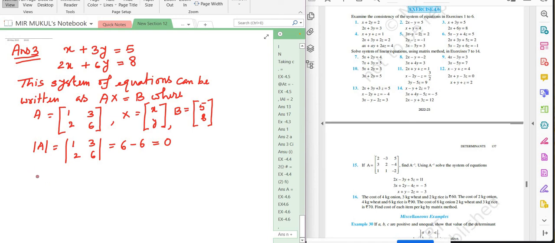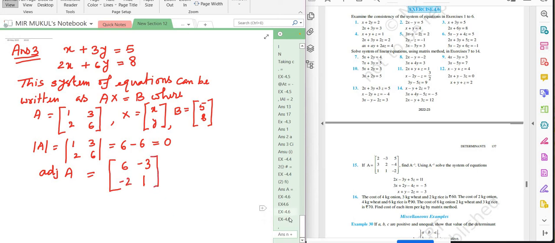So we will find the adjoint of A. Since it is a 2 cross 2 matrix, we can directly write what I said. You have to interchange the diagonal elements 6, 1, and you have to change the sign of the non-diagonal elements 3 and minus 2.